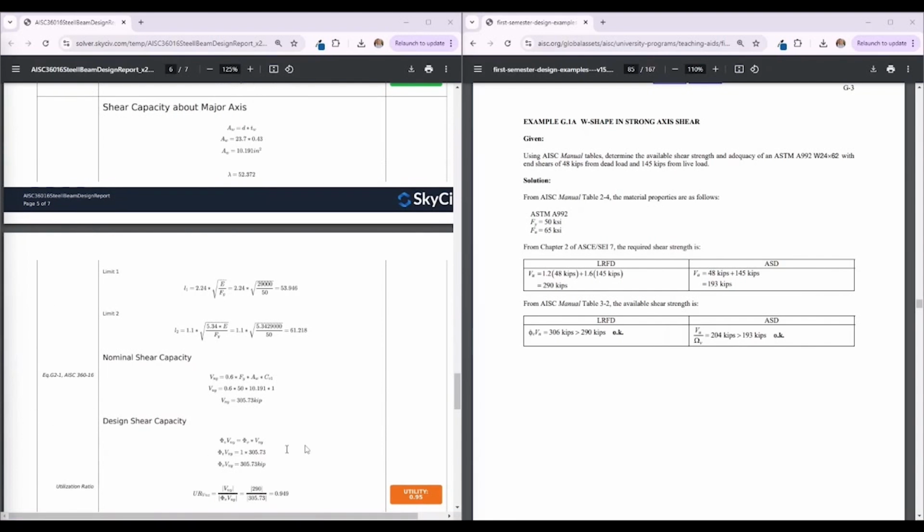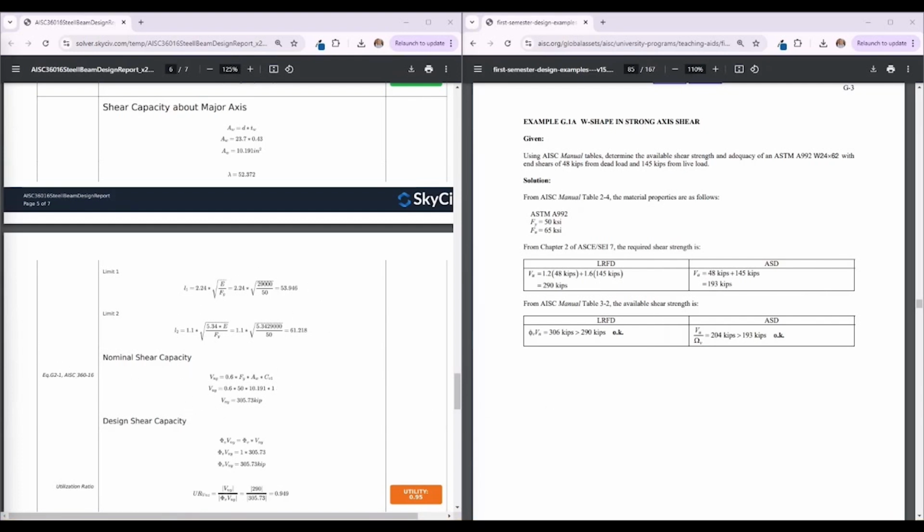Continuing on with this design example G.1a, from AISC Manual Table 3-2, the available shear strength is φVn equals 306 kips, which is greater than 290 kips, so that's okay. So basically, the available shear strength is greater than the required shear strength.